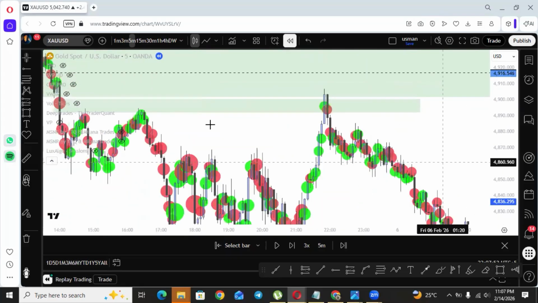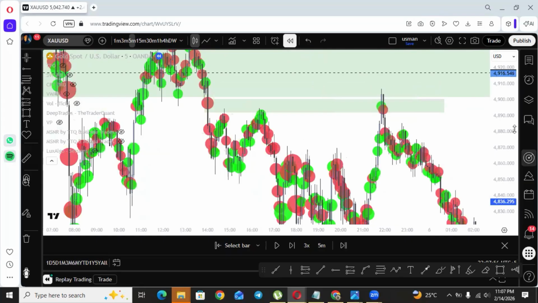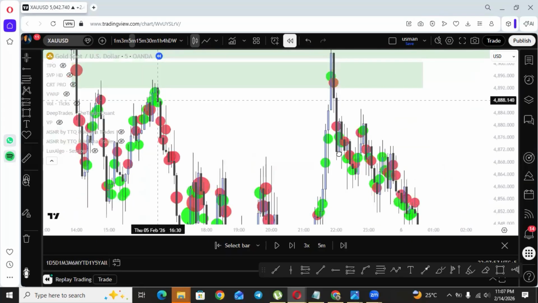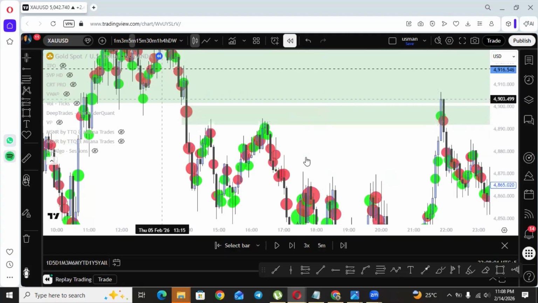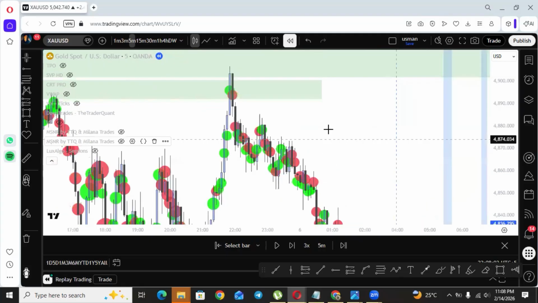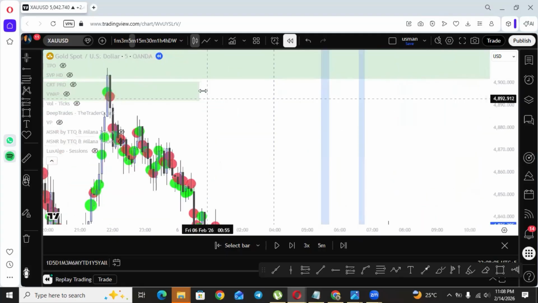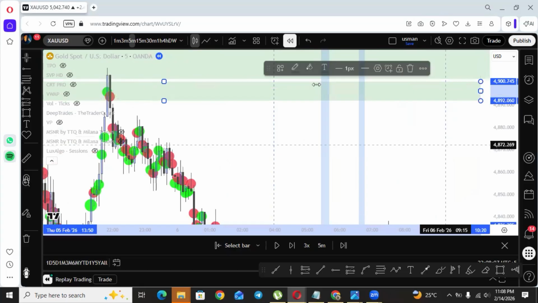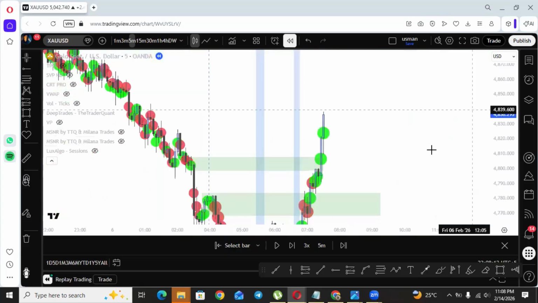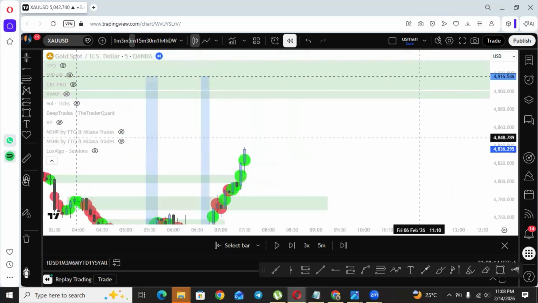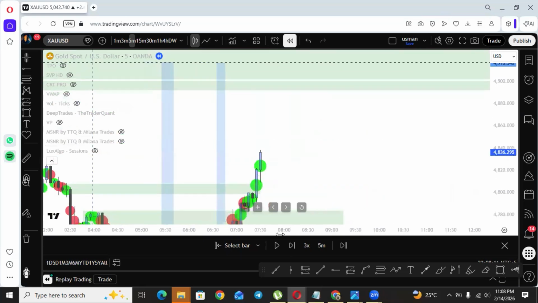This area may act as a hurdle because we knew what happened at this area. Why were they getting the rejections? Because we had this cluster of sellers over here, so they were getting the rejections. So let's extend it and play the chart. Currently, buyers are moving up with good aggression.